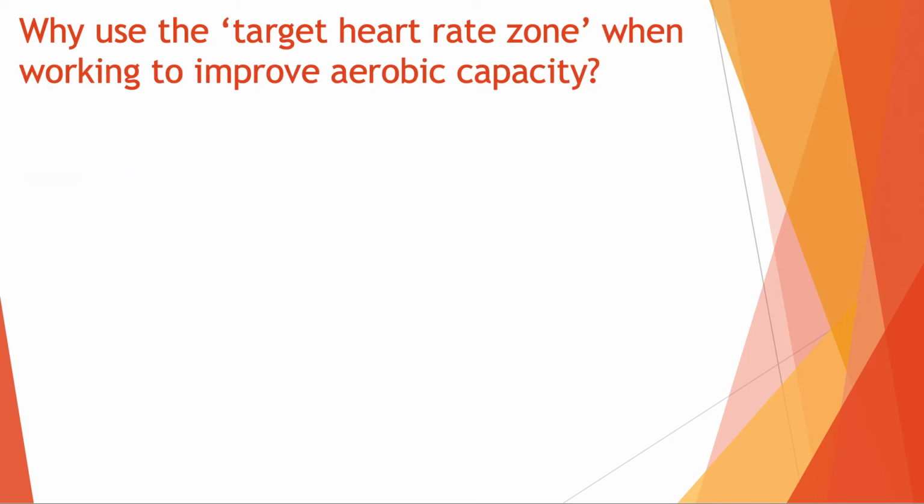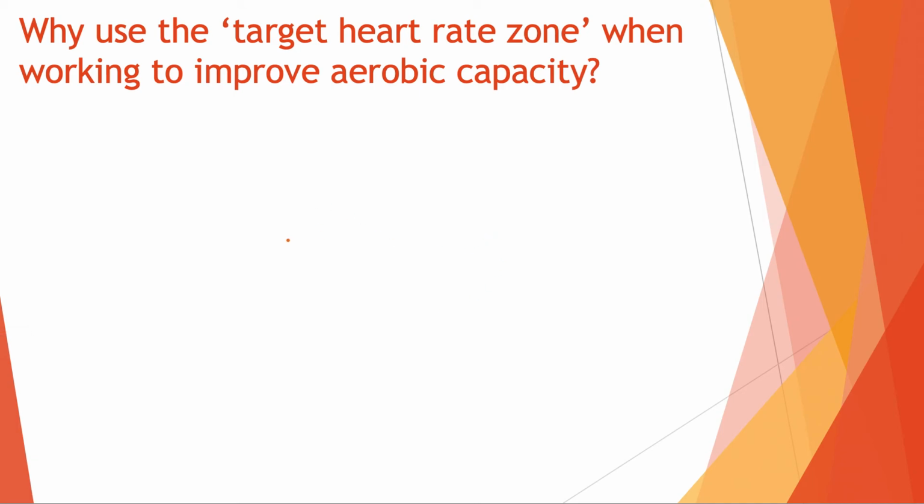So let's have a look at a question. This is a typical and really quite difficult question in this topic area because, well, let's read it first. Why use the target heart rate zone when working to improve aerobic capacity?